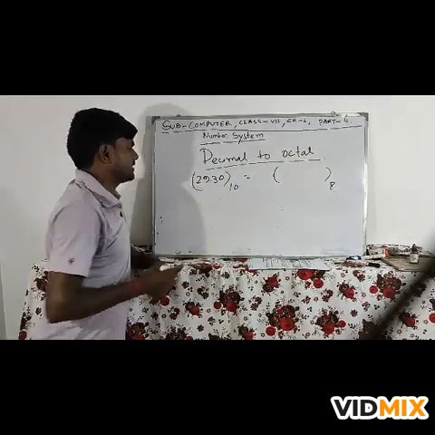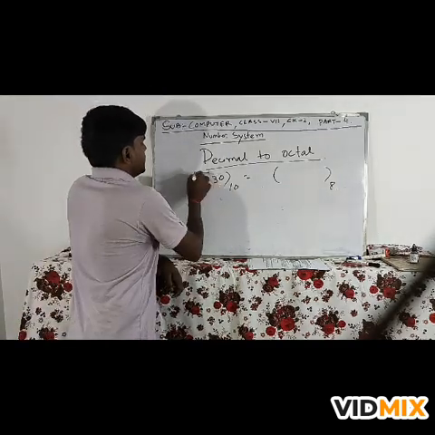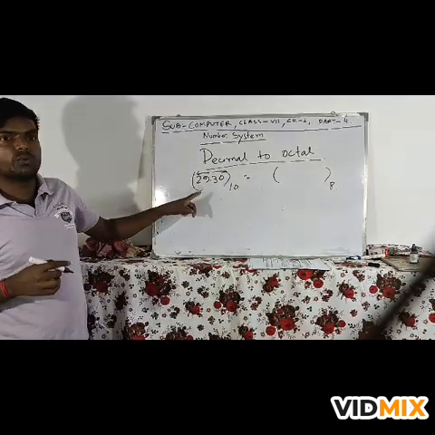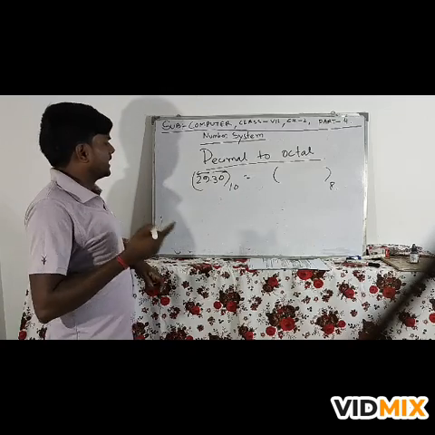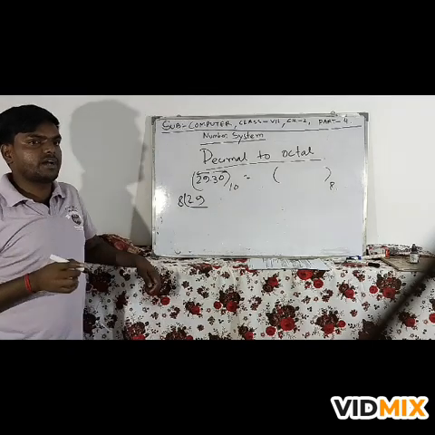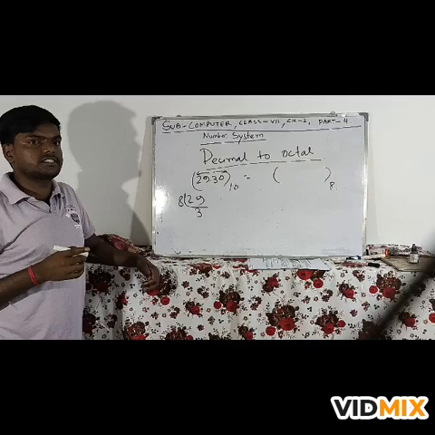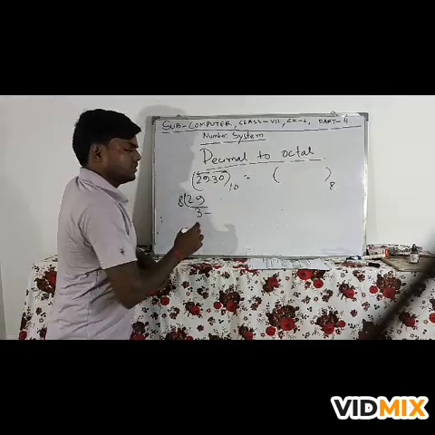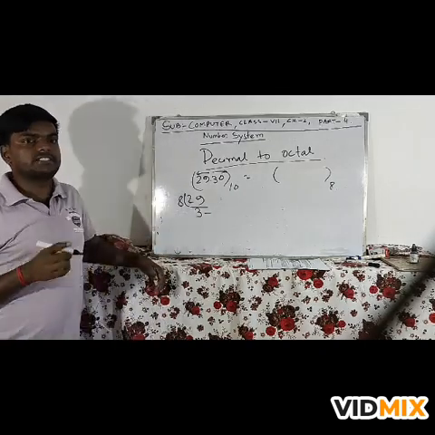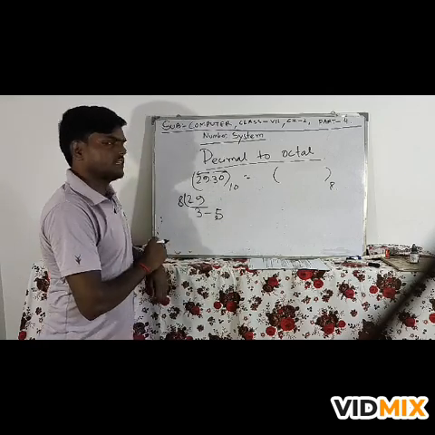First step, the integer part: 29 divided by 8. 3 8s are 24, and 29 minus 24 means the remainder is 5.